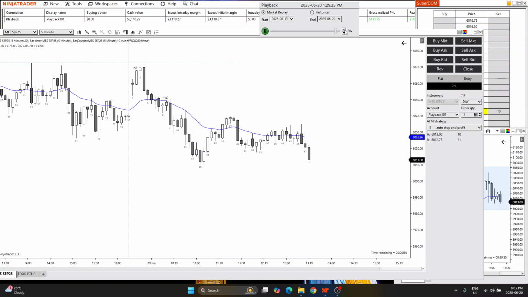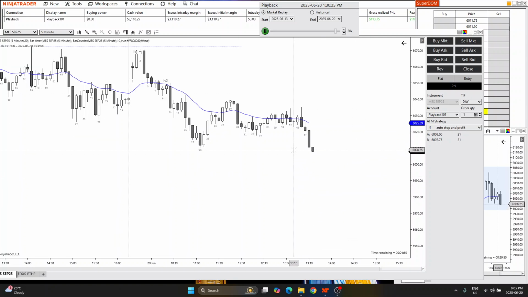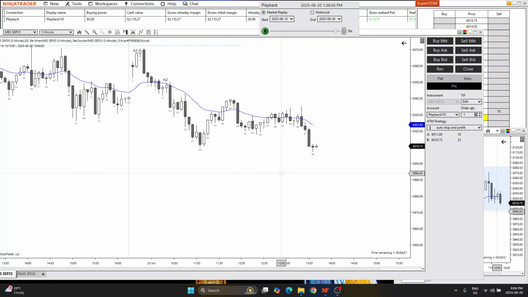Target filled. Just got filled on the target here. The profit target placed here got filled.